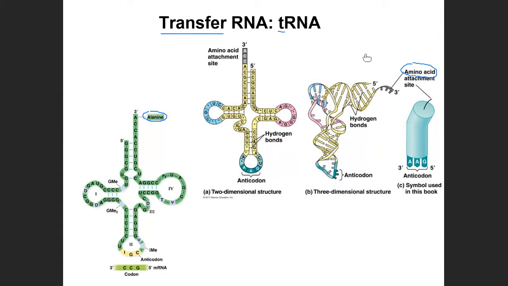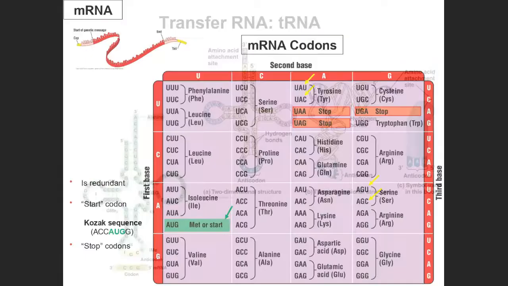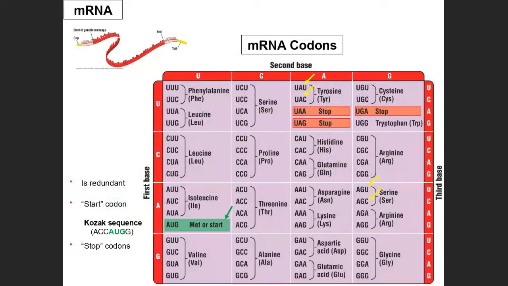ribosome, but it's a tRNA that also helps the ribosome translate that genetic information in mRNA in the form of codons. Now, mRNA codons themselves are base triplets.